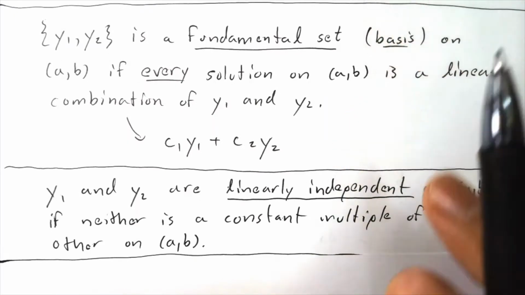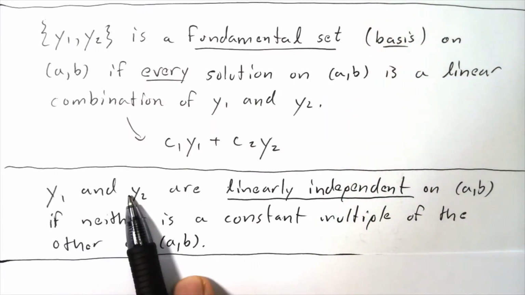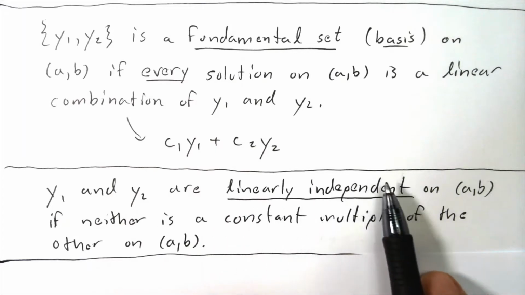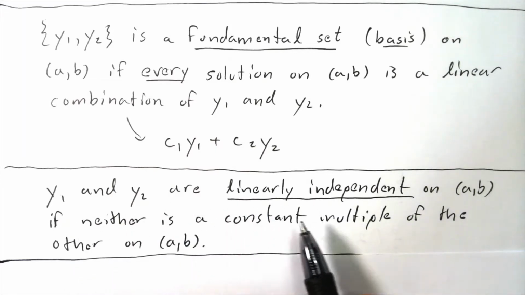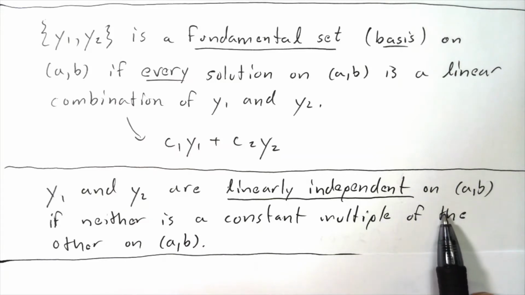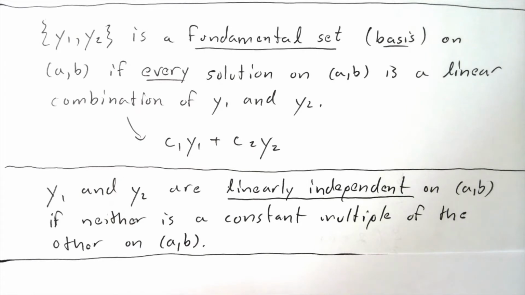So here we go. A pair of functions are linearly independent on an interval if neither is a constant multiple of the other on that interval. Okay, so two functions are linearly independent if neither is a constant multiple of the other.